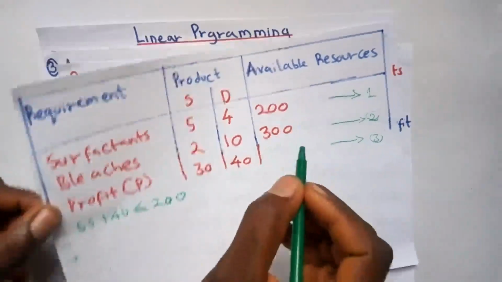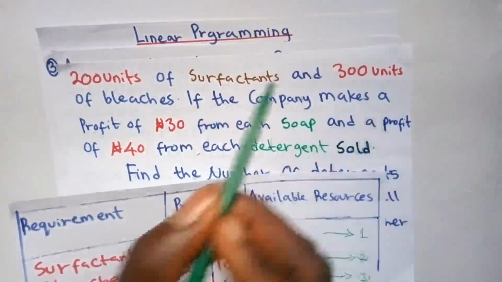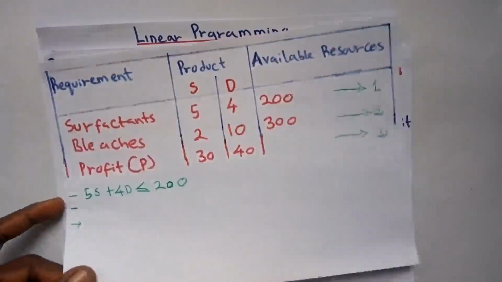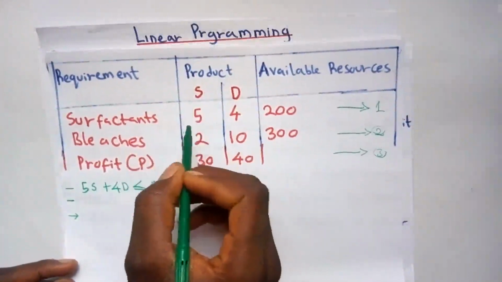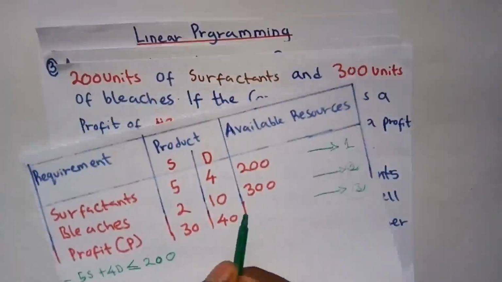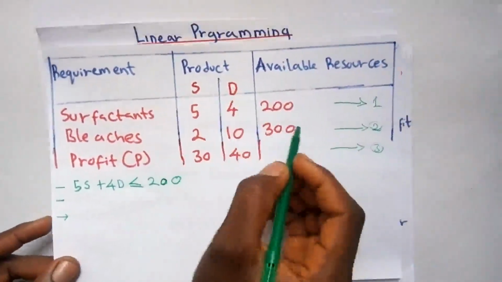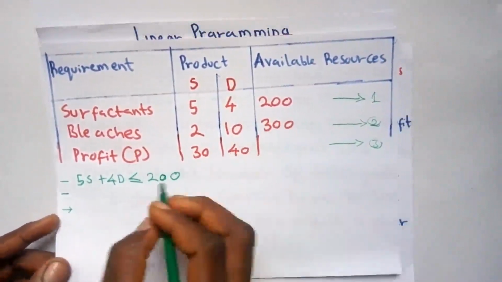Same with the bleaches. The company has a total bleach of 300 units for a period of 1 month. Therefore, the number of units of bleach used in the production of soap and in the production of detergent for the period of 1 month must not be more than 300. It will be either equal to 300 or less than 300.